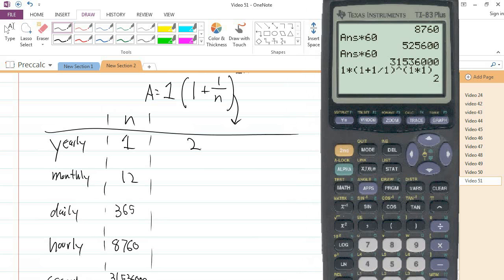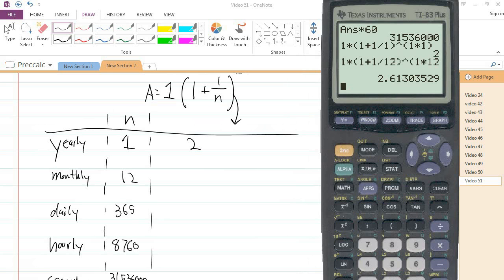Okay? So let's take this and let's change some of these 1s to 12s. I get 2.61303... Okay, so going yearly to monthly, I made quite a bit more.